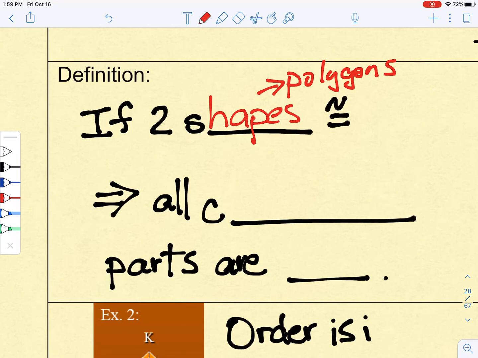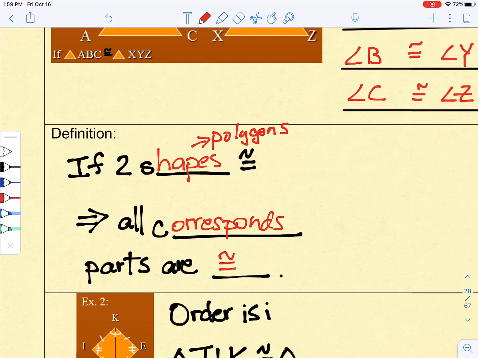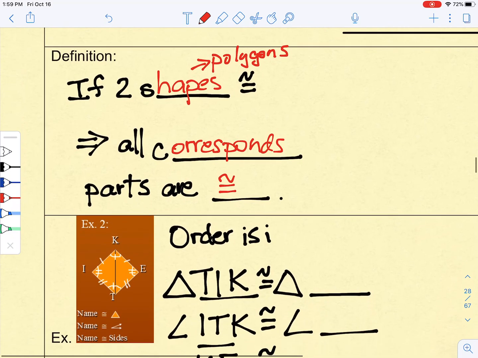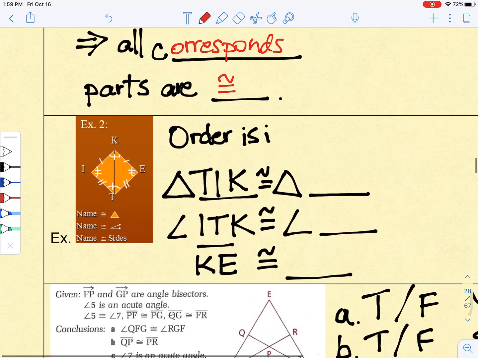But if two shapes are congruent, then all the corresponding parts are congruent. That is our definition of congruent shapes. And again, you could specifically say this is true for congruent triangles.